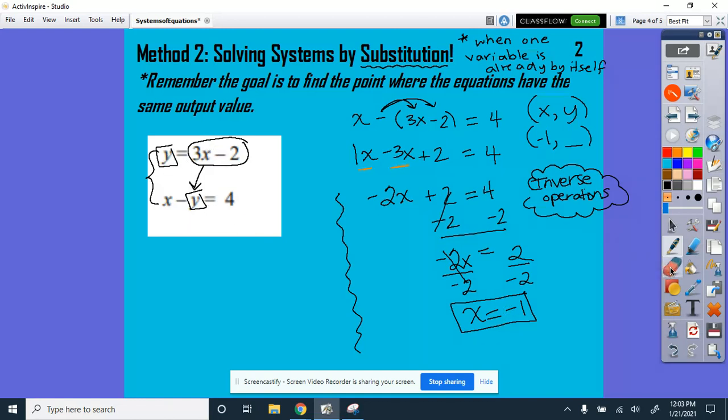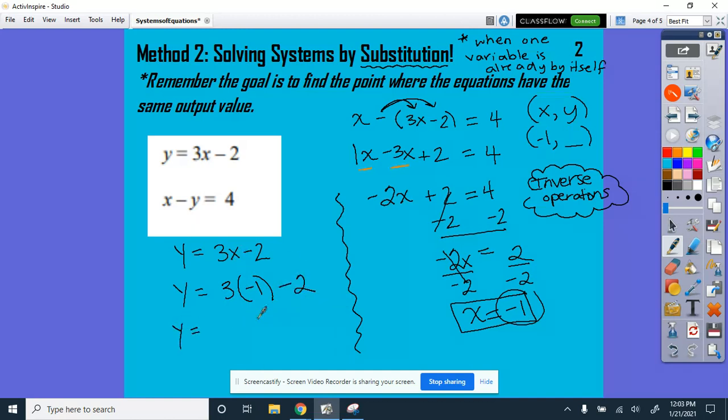In this case, I am going to use the y equation, because it says y equals 3x minus 2. And I'm going to plug in this negative 1 for x, right? So y equals 3 times negative 1, because we're plugging it in, minus 2.